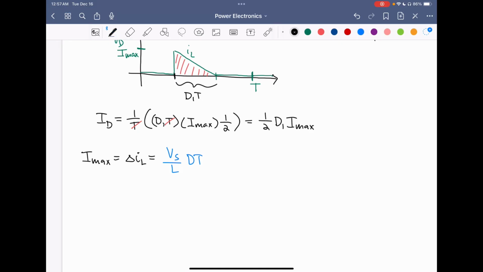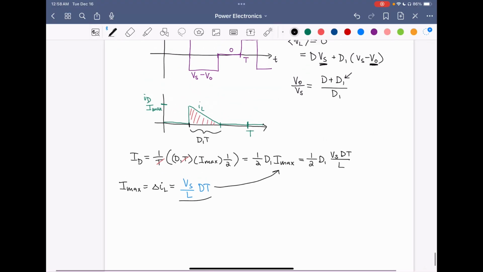So we can plug this in for I max here, and we get half times D1 times Vs dT over L.